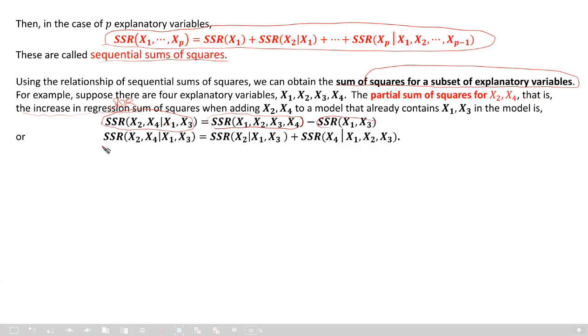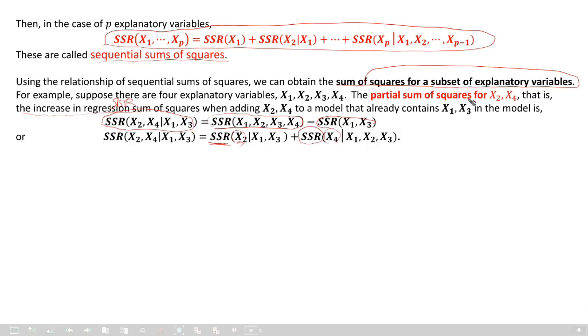Or SSR x2, x4 given x1, x3 equals SSR x2 given x1, x3, the increase when adding x2 with x1 and x3 already in the model, plus SSR x4 given x1, x2, x3, the increase when x2 is added and then x4 is added. Either way, we can calculate this partial sum of squares.